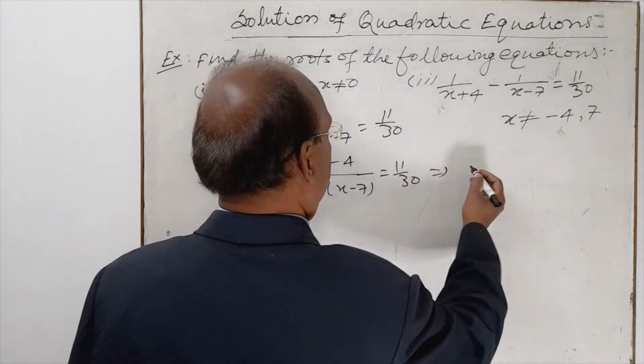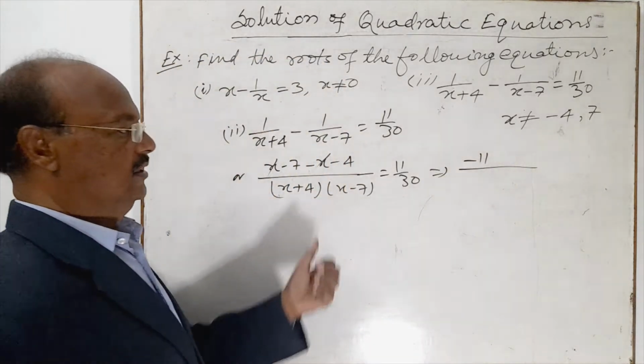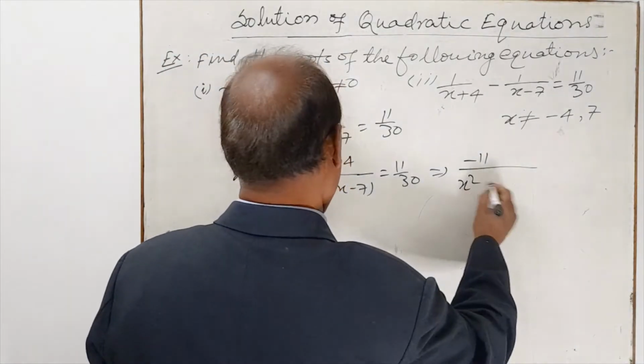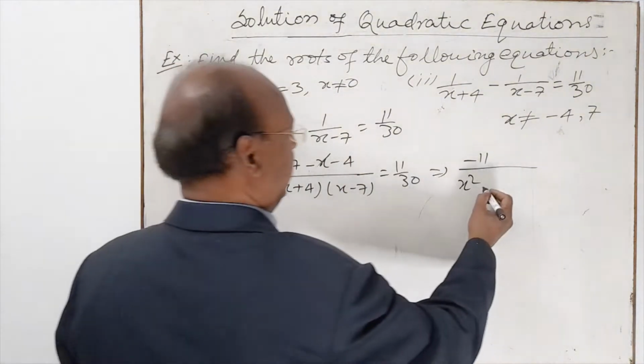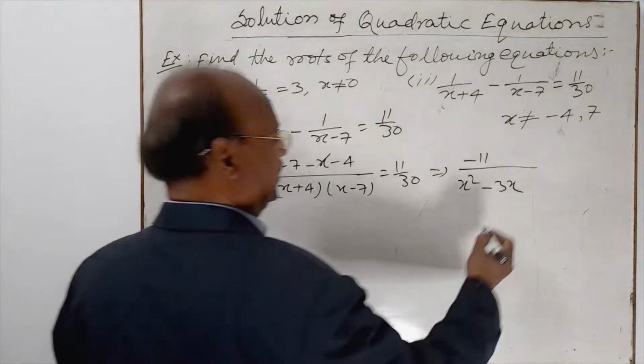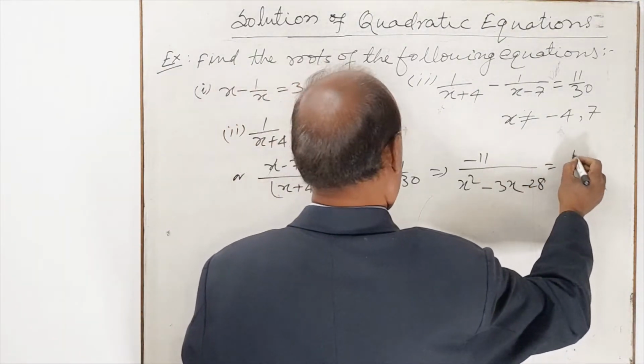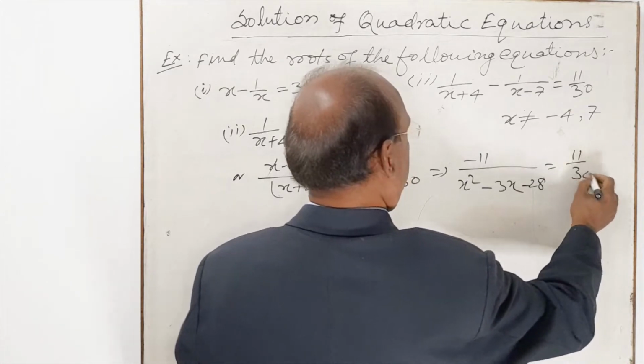So we are getting here minus 11 by, you multiply these two factors, so this will be x square minus 3x minus 28, is equal to 11 by 30.